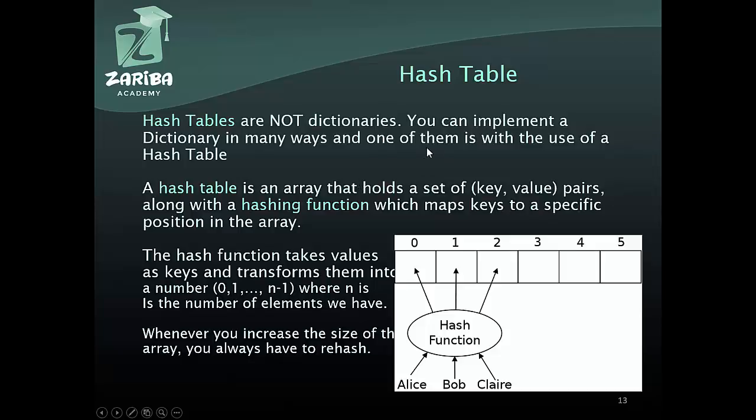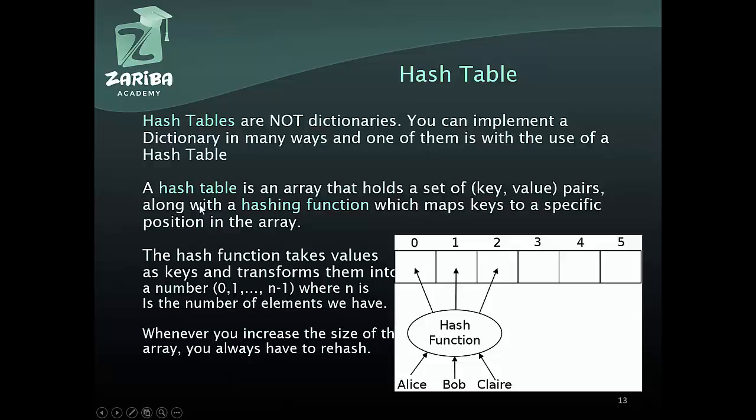Okay, so hash tables are not dictionaries, although they might look like them. You can get them confused, I think, but just remember that a dictionary you can implement in many different ways, and the hash table is the method that makes a dictionary as fast as possible.